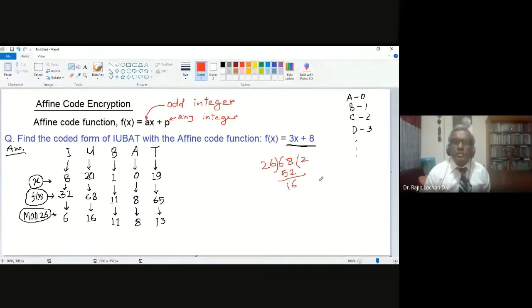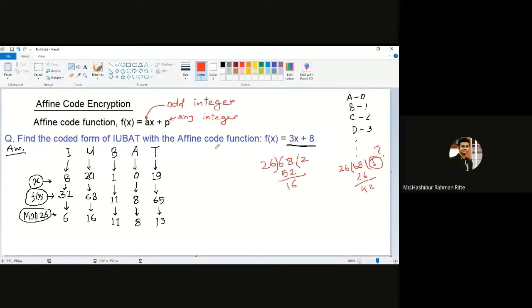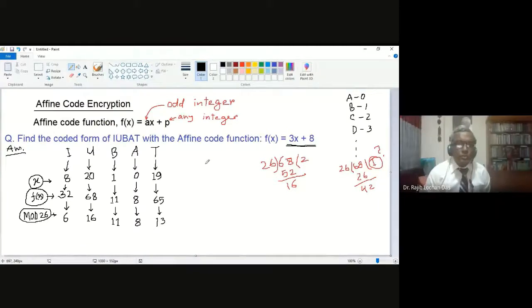You are dividing 68 and you are writing only one time. So why only one? It can be done twice, so why write only once? You got my point? Yes, sir. So is this correct now?